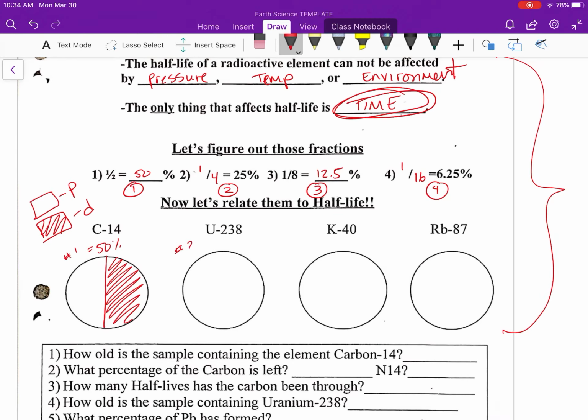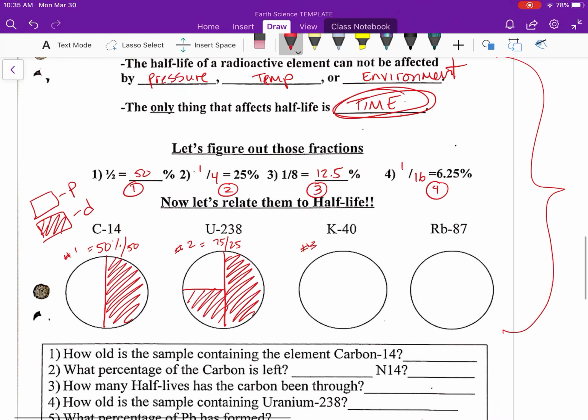Number 2 is 75/25, which is what we have here. So this was 50/50. So you're going to take that half and now cut it in half again, because you're only going to have a quarter now of the parent left.